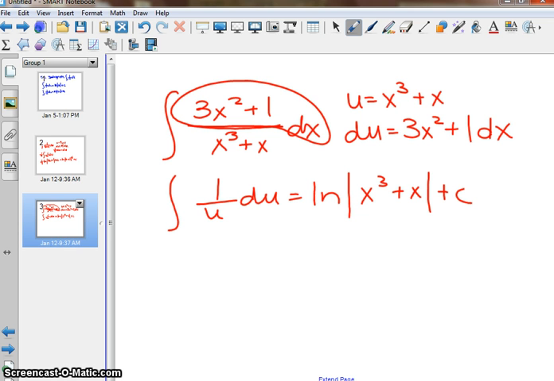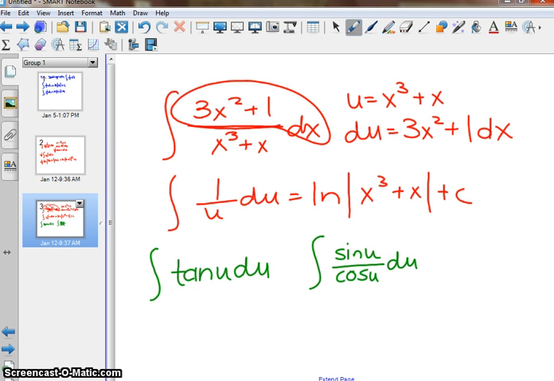There are 4 trig derivatives that fit into this category. The first one we're going to talk about is the integral of tangent u du. If we write this integral as the integral of sine u over cosine u du, we will pick the denominator to be our u as our integral substitution. So u equals cosine u.